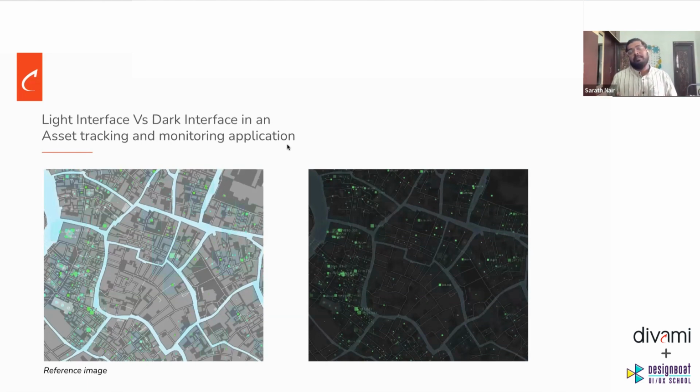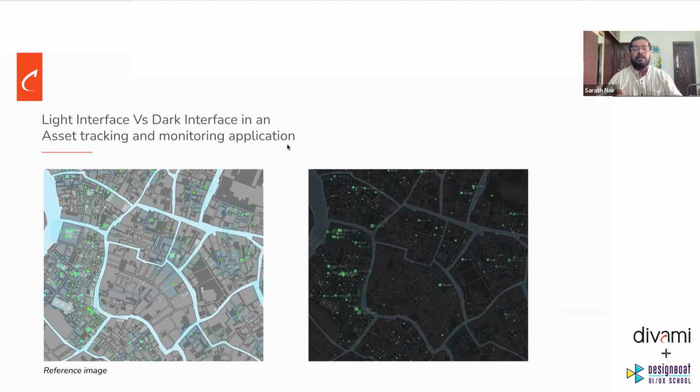In Uber, you can find cabs and book cabs, but in this particular application, we are talking about an area where there are assets like vehicles and buses. It's a scenario where you want to track the assets in an airport.